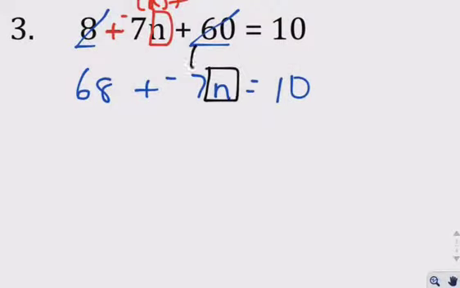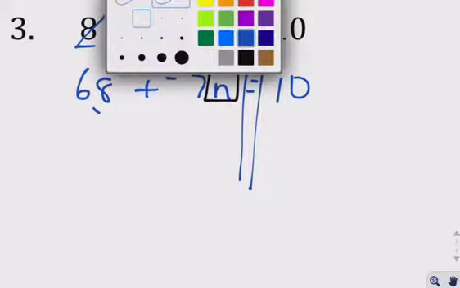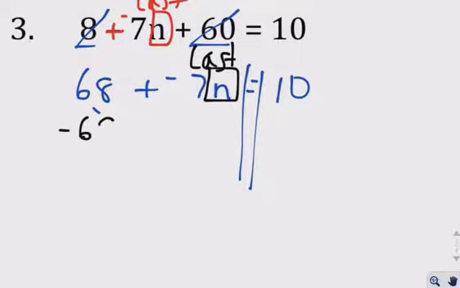Okay, here's last. We got 1 first. We need to get rid of that first right there, minus 68. Minus 68 on both sides. 10 minus 68, the 68 goes on top because it's bigger.